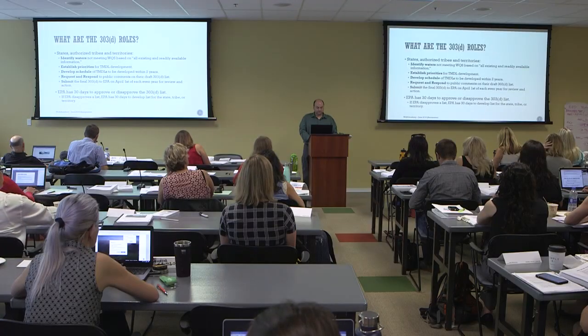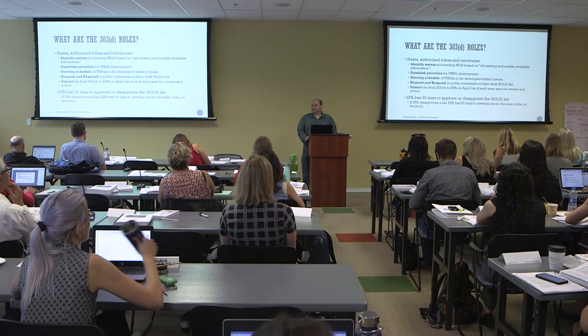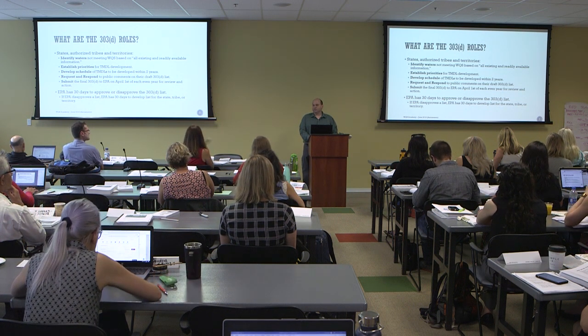We ask states to share working drafts so that we can see what the issues are and what decisions they're making, so we can review them. But we don't actually review every single decision you make. We have more of an oversight role.